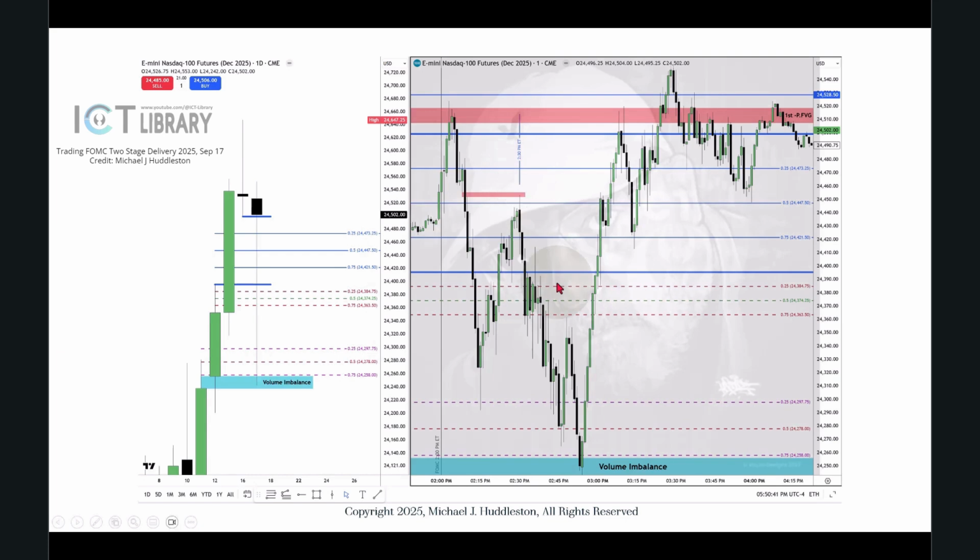But it first dropped down, sticking true to form and the things I talked about last night. It went down to a severe, deep discount into that volume imbalance, and then rallied all the way back up, straight shot, no pullbacks, high, relative equal, comes back down, lower quadrant, that's here, of this fair value gap.